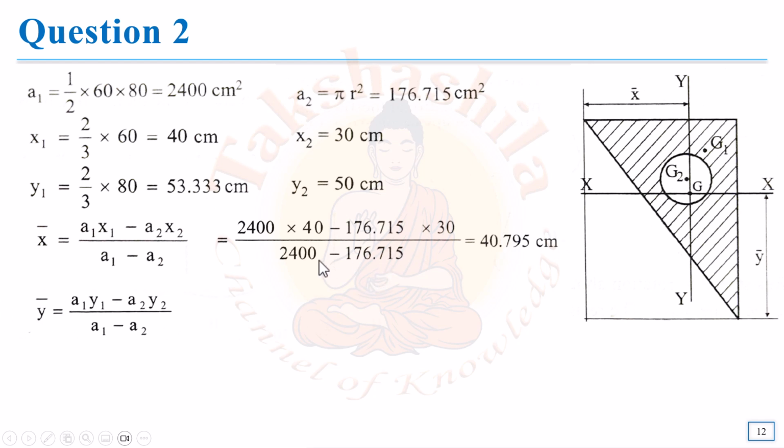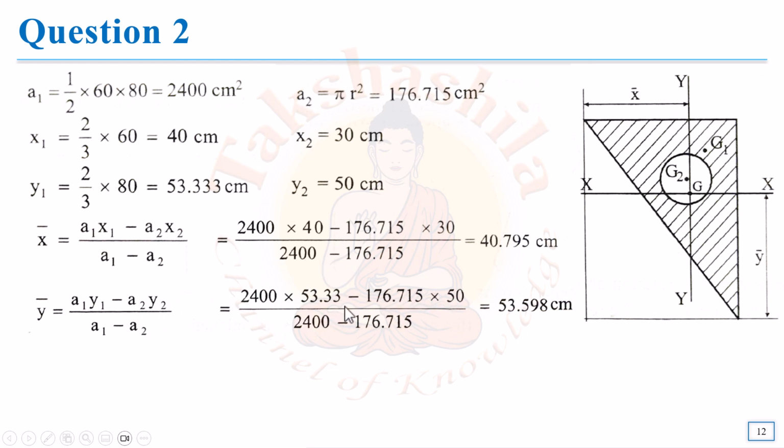Similarly, we can also calculate y bar, and when you substitute the values, you can see y bar is coming as 53.598, and there is a slight problem with the marking here. If you see, the x bar was 40.795. They have marked x bar like this, but what was the value of x1? x1 was the distance from y-axis to point G1. x1 was 40, but when they marked x bar, they put an axis like this, but this axis should actually come after G1.